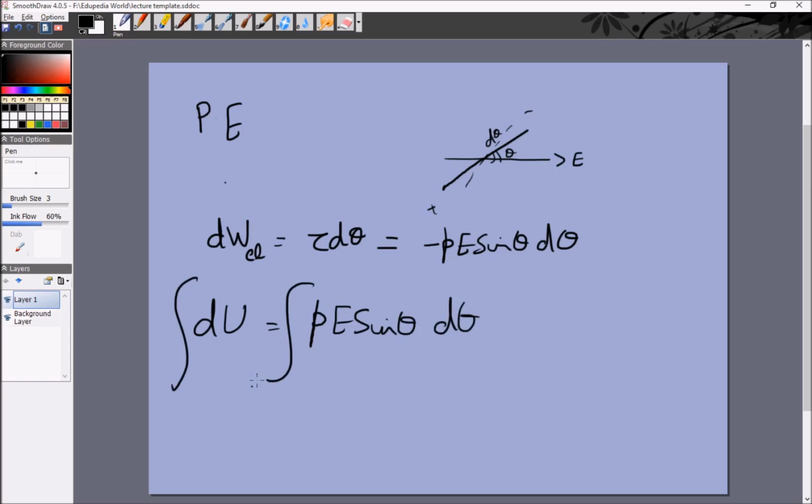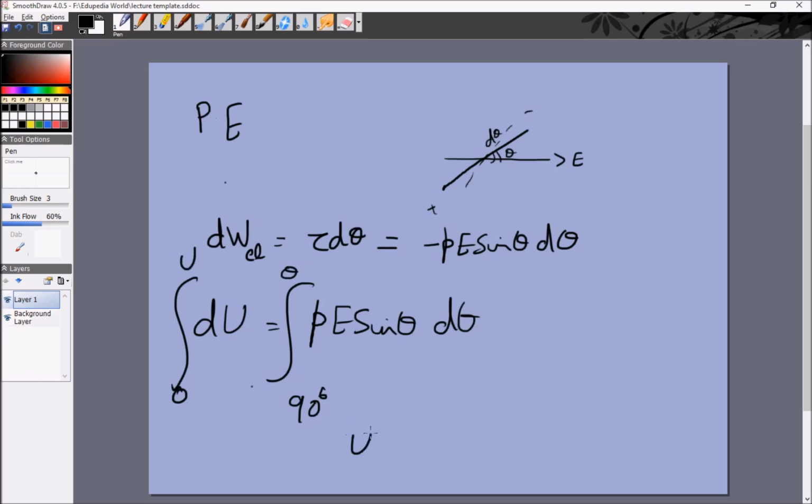You integrate it to get the total potential energy, and what we'll do is we'll take the potential energy to be 0 when theta is 90 degrees. That means when it is perpendicular to the electric field, that's when the potential energy is 0, right? So here we'll get U and here we'll get theta.